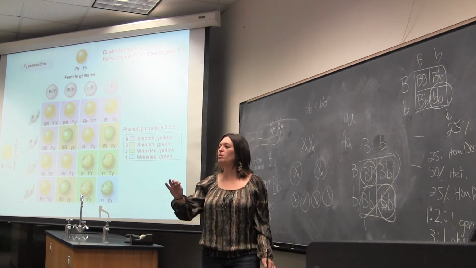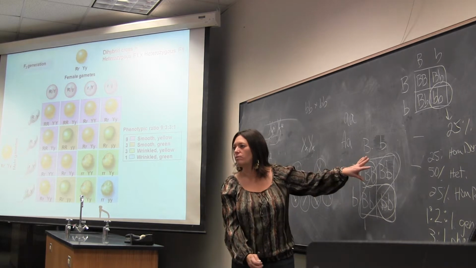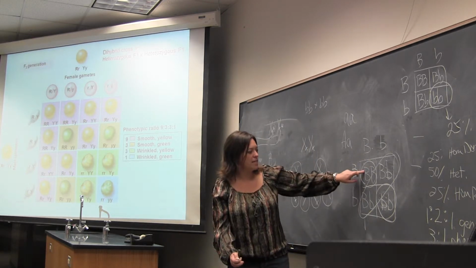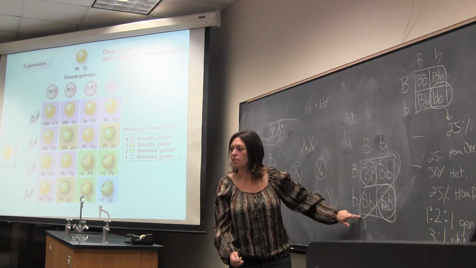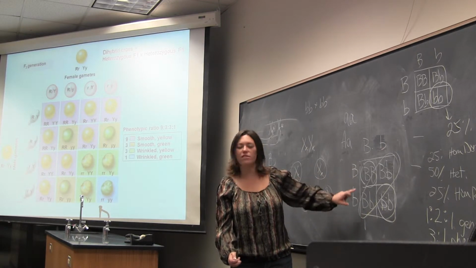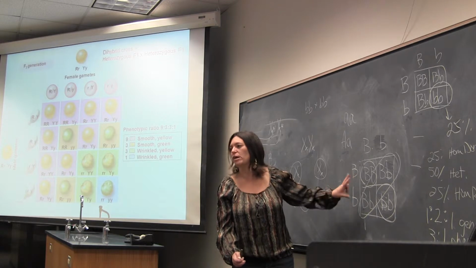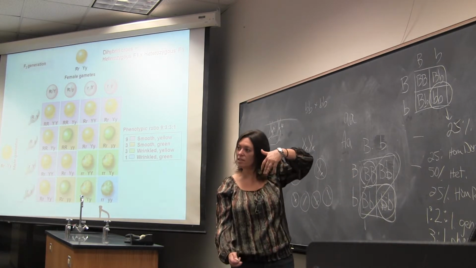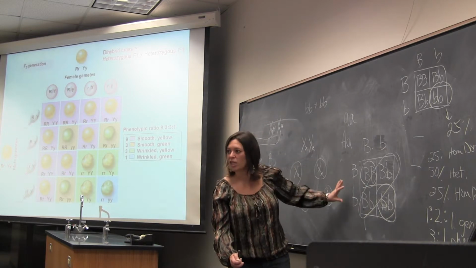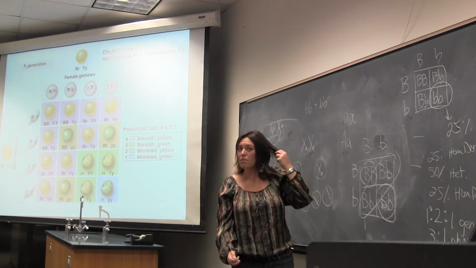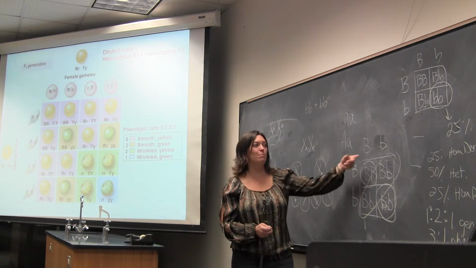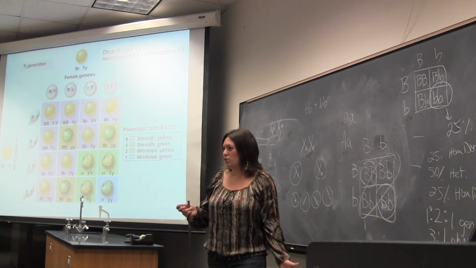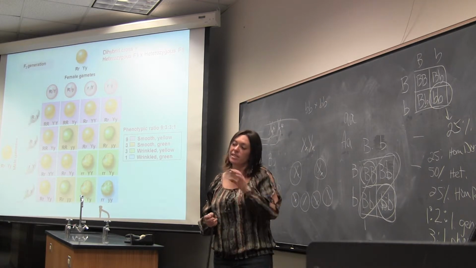So that's the genotypic ratio. That's what your genes are telling you. But because this and this, although the genotypes are different, are going to have the same phenotype, they're still going to have brown hair. So the phenotypic ratio is actually what you see. And I don't know what my genotype is for my hair. I could be big B, little b, or I could be big B, big B. So you can have a different genotype but the same phenotype.